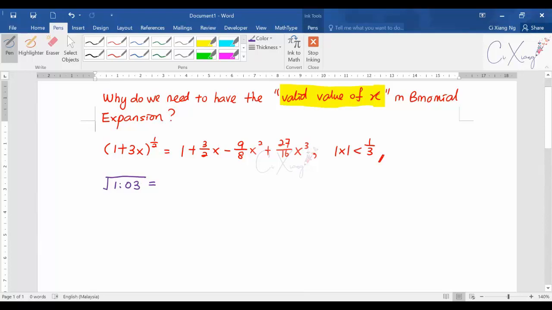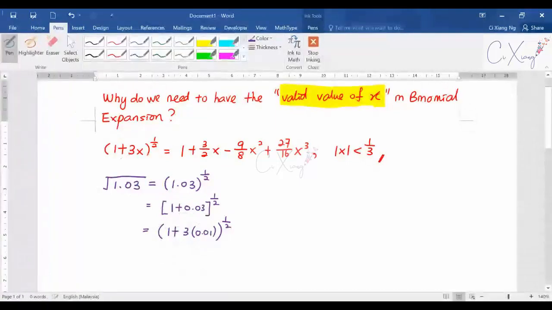I suggest you try to link it with this binomial expansion. I have 1.03 power half, and you can write it as (1 plus 0.03) power half, and you can write that as (1 plus 3 times 0.01) power half.